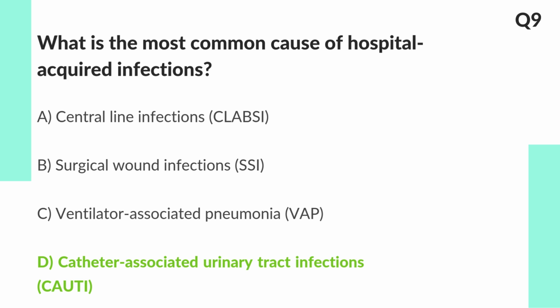Have a look in the short note at what the other options are. All of these options belong to the common hospital acquired infections, but among them, option D, CAUTI, is the most commonly found infection.